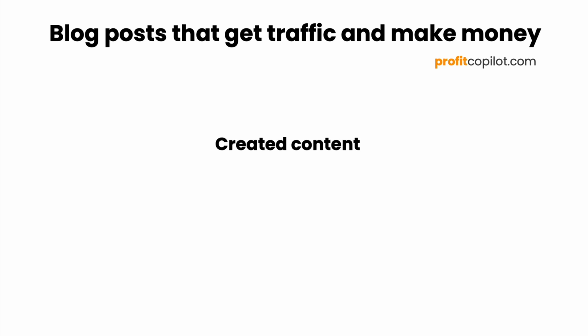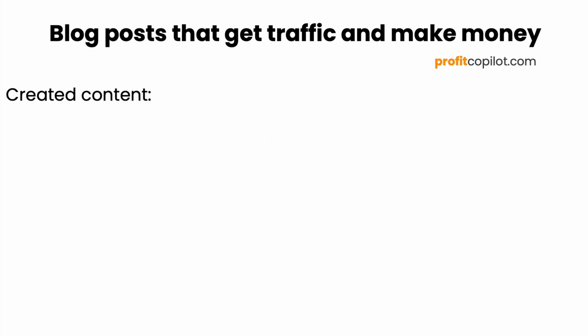So let's start with created content that you are going to make or you pay someone to make for you. So listicles is the big one that is really simple to do. That's the first type of format that most bloggers learn. And in fact, this piece of content I'm making for you is a form of listicle too.